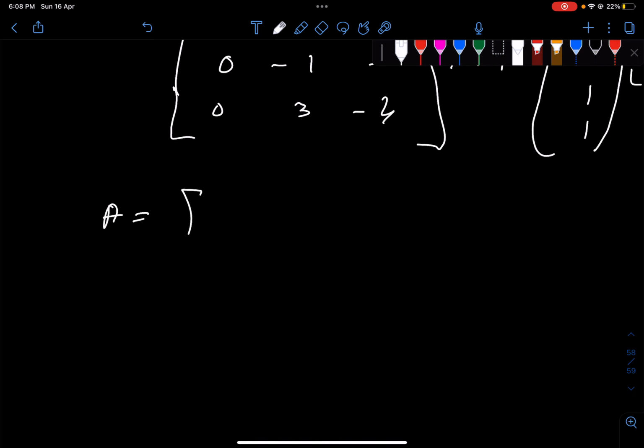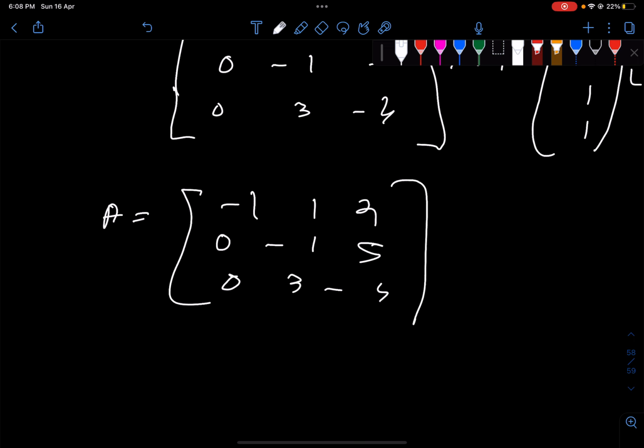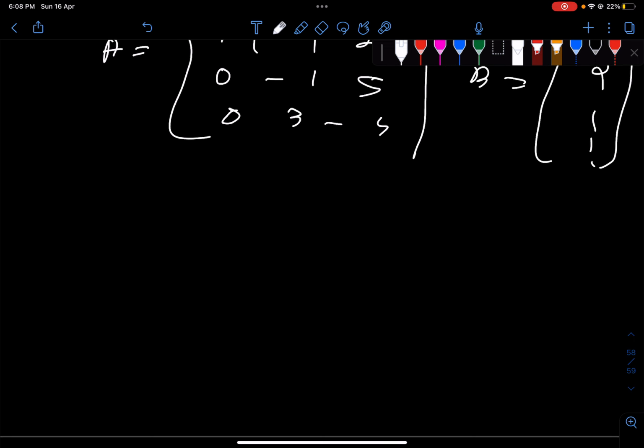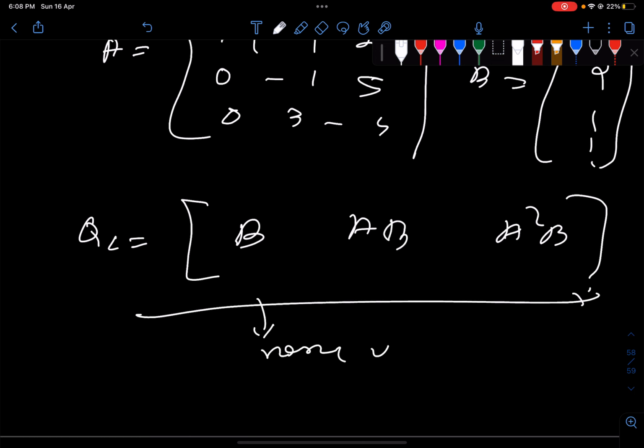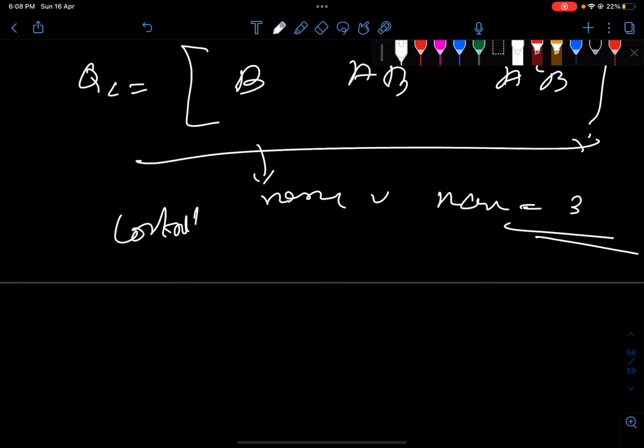A equals minus 1, 1, 2, 0, minus 1, 5, 0, 3, minus 4. And what is B here? 2, 1, 1. To determine controllability, QC is equal to B, everywhere common, AB, A squared B. You find out this matrix and check whether it is non-singular as well as rank equal to 3. If it is so, it is controllable.